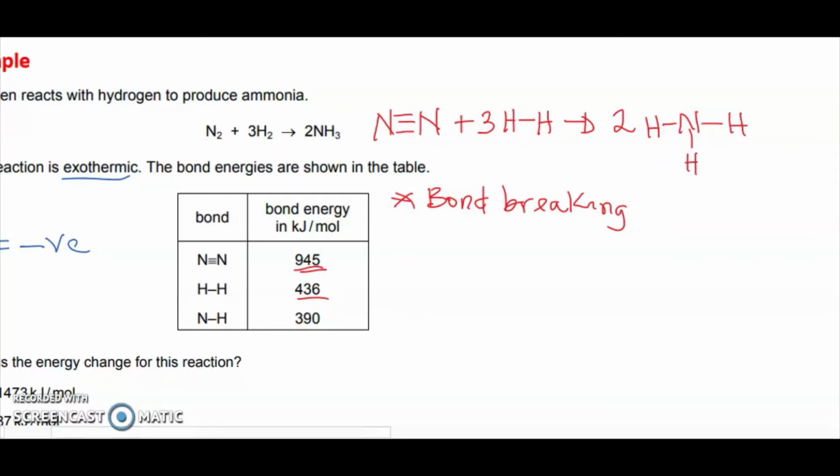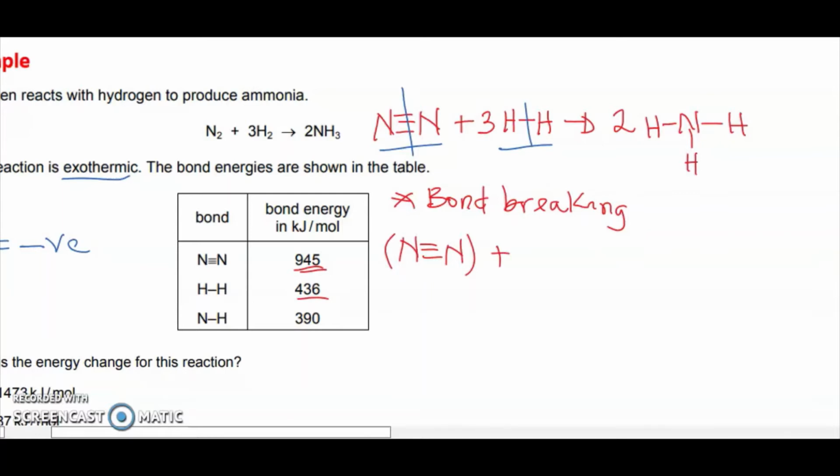Now let us see. Remember, for the reactants here, we have nitrogen and hydrogen. In these reactants, we are breaking the nitrogen-nitrogen bond, and we are breaking the hydrogen-hydrogen bond. So we are breaking the nitrogen-nitrogen bond, plus we are also breaking the hydrogen-hydrogen bond.